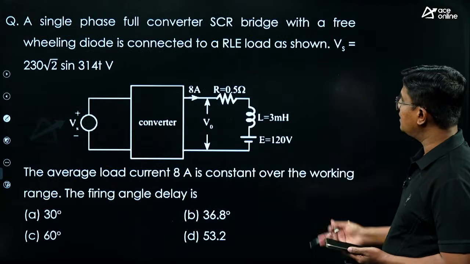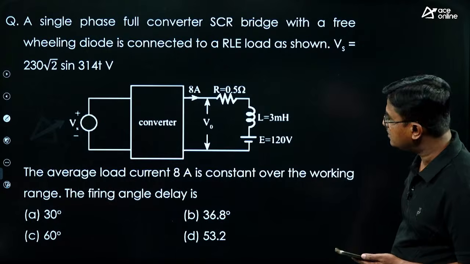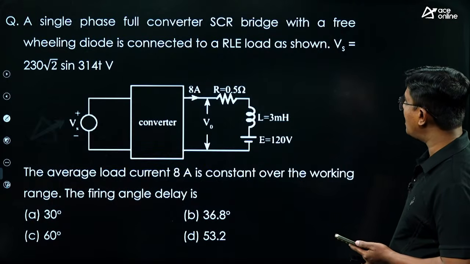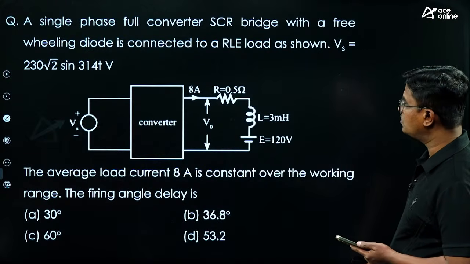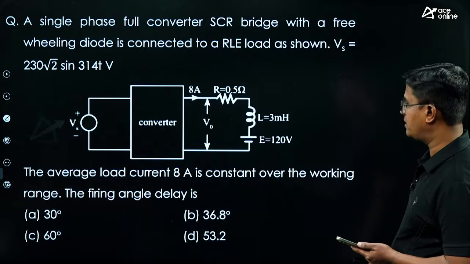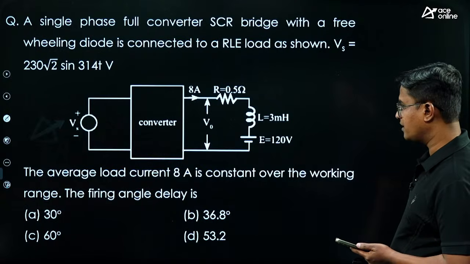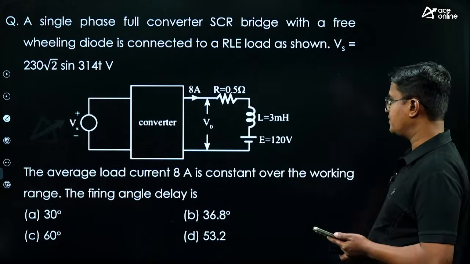Next. A single phase full converter SCR bridge with a freewheeling diode is connected to RLE load as shown. Vs is equal to 230 root 2 sine of 314t volt. The average load current is 8 ampere, constant over the working range. The firing angle alpha delay is, they are asking alpha value.